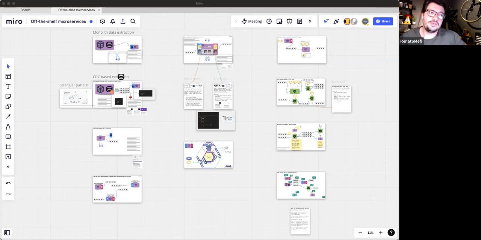Now, this won't work if what you're trying to move is so embedded into the monolith. I like to say every monolith has one table that is used by 30 parts of the system. I wouldn't start there, that would be very complicated. I would start with the most isolated one, so you can create a new life for that bounded context, for that small boundary you have in your architecture.